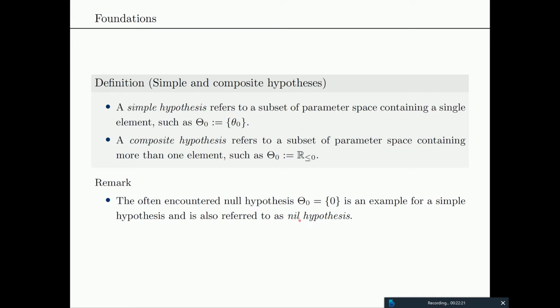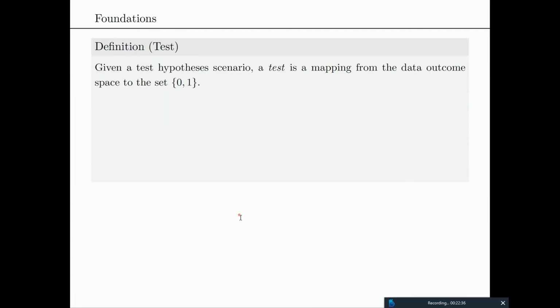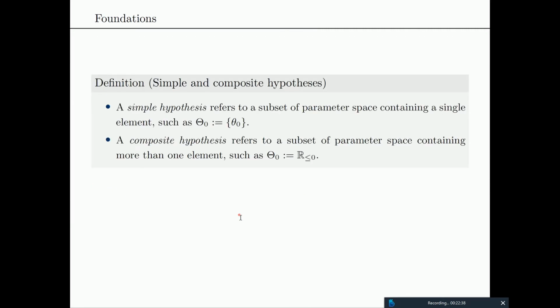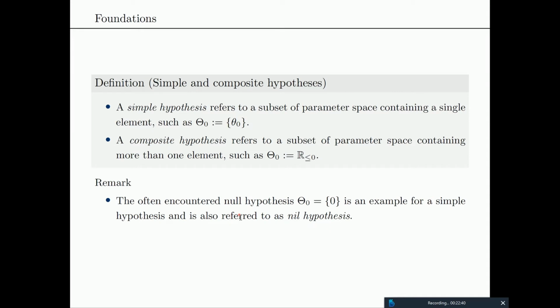If you want to be careful and distinguish the null hypothesis from the statement that the true but unknown parameter is 0, then you have a new term, namely nil hypothesis, that you can use in the latter scenario. So these were hypotheses. Any questions about hypotheses?